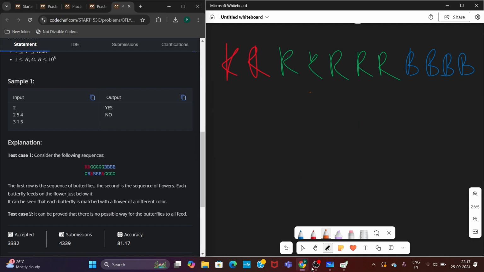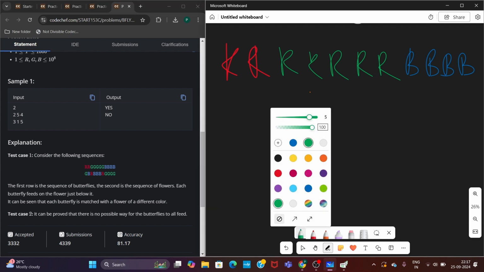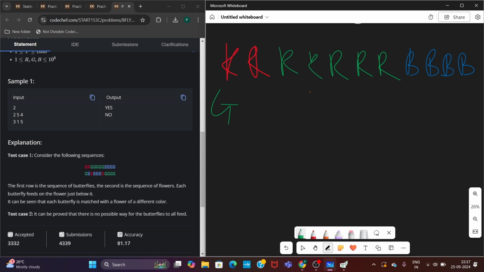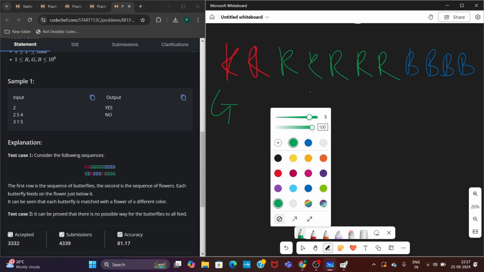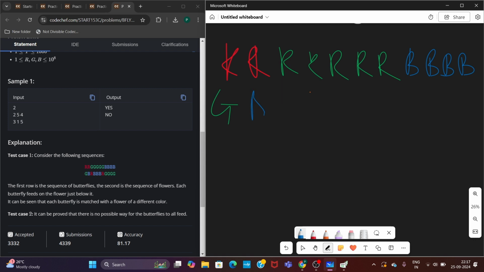In this case, we have a total of five greens and four blues. Let's suppose the red will feed on a green flower. The next red will feed on either blue or green, so let's suppose blue.